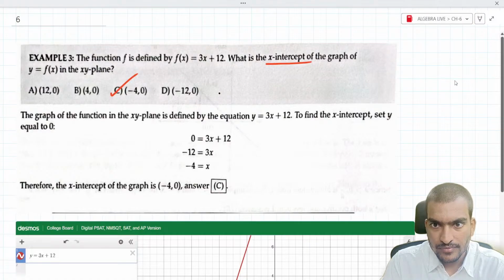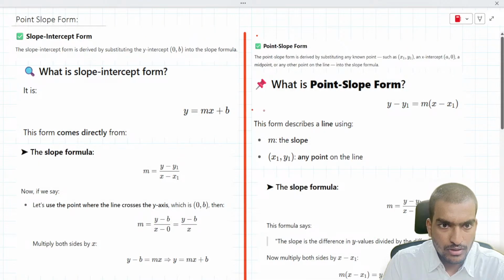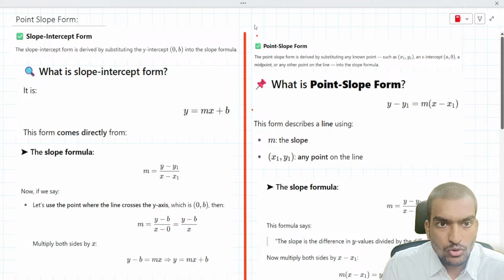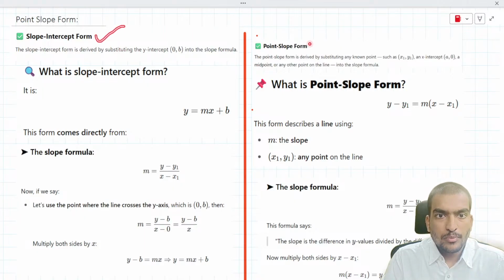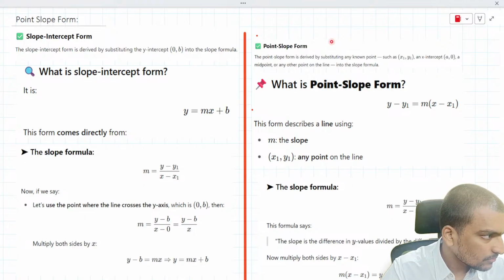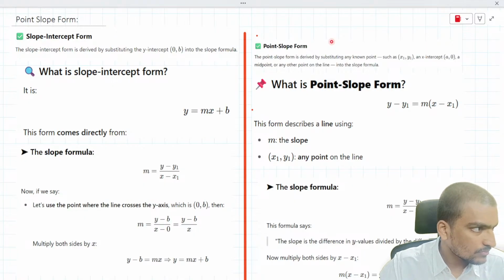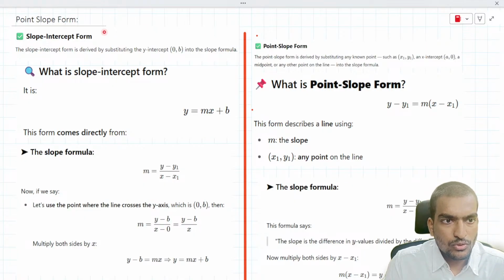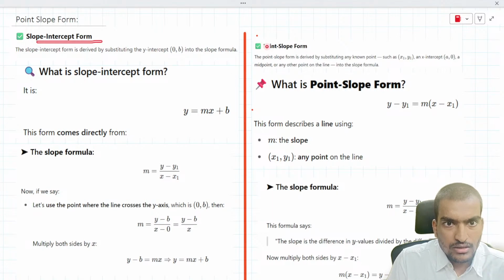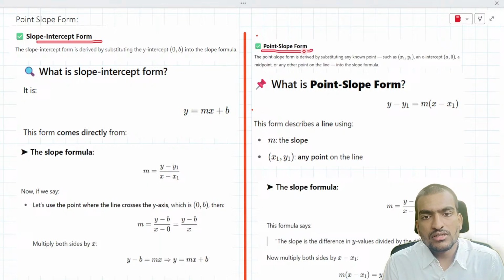Yes. Now we are into slope-intercept form and point-slope form. What is this? This is like a corollary.